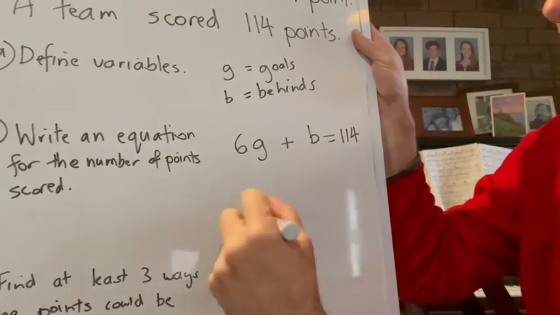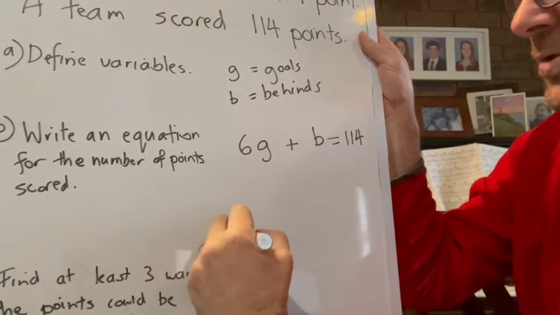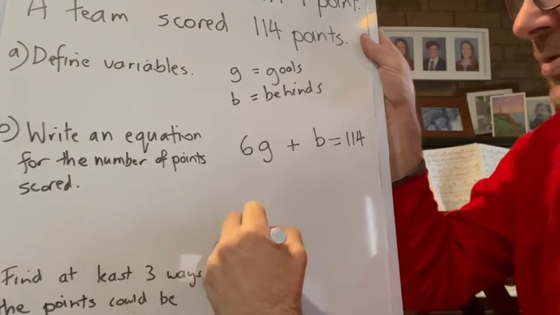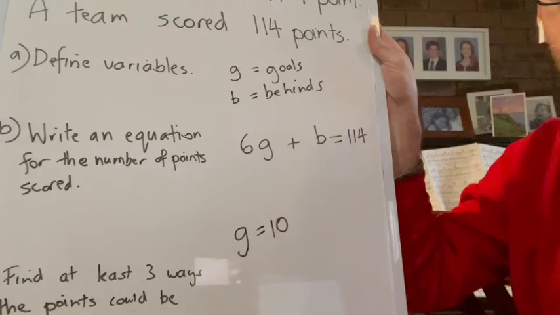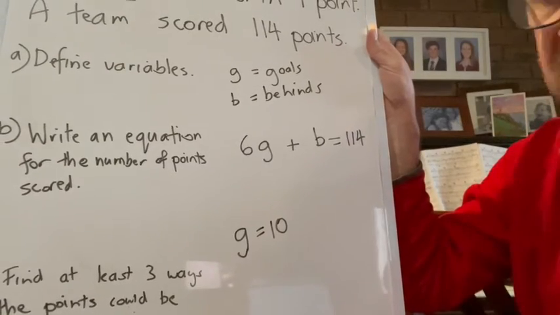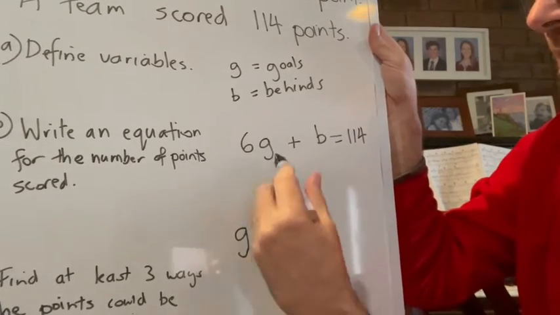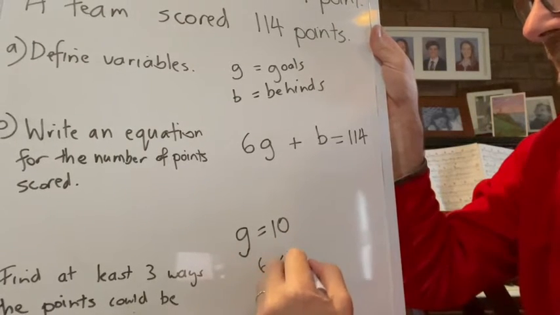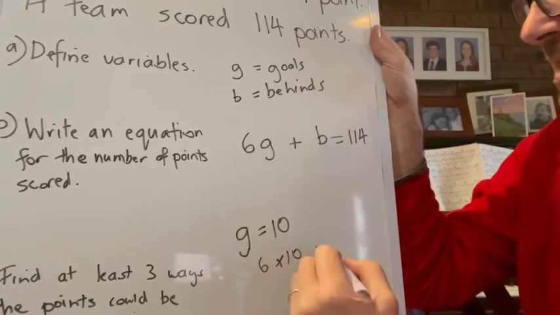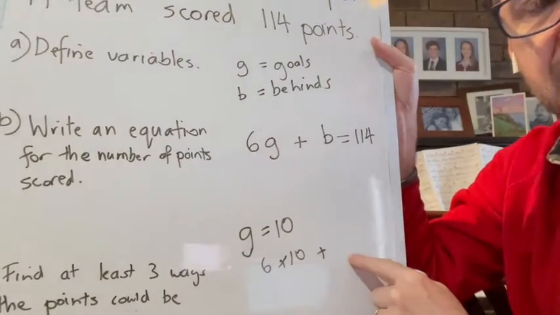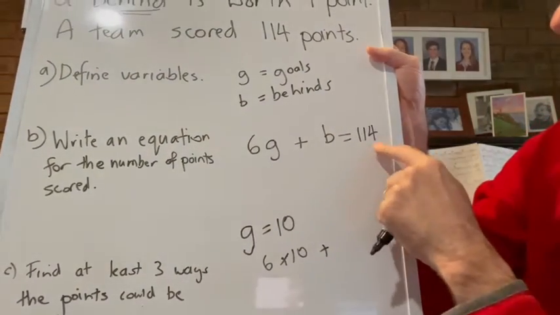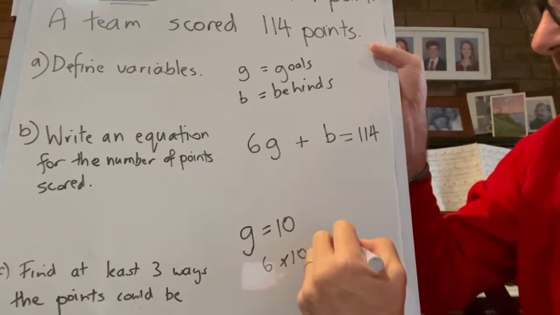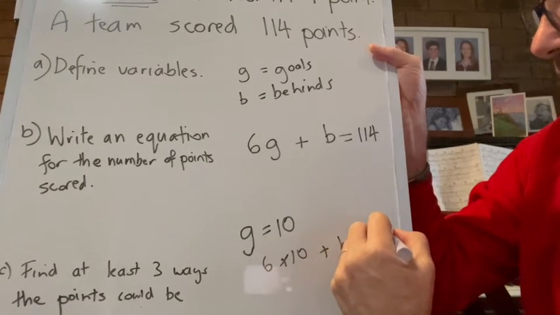So for example, if we say that goals equals 10, so in other words, they kick 10 goals, then that'll be 6 times 10 plus, now how many behinds would they need to kick to get to 114? So that'll be plus B equals 114.